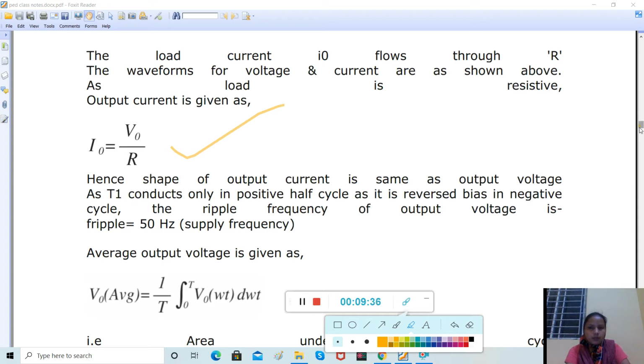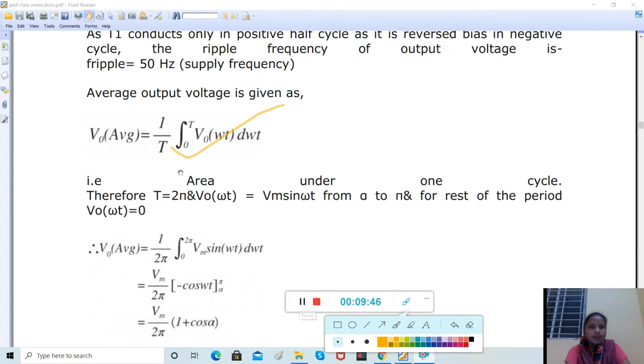So the next is the average output voltage equation. See, the average output voltage formula is V0 average equal to 1 by T integration 0 to T V0 omega T d omega T. This T represents 2 pi.